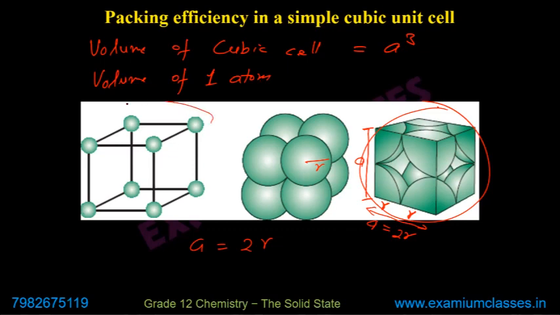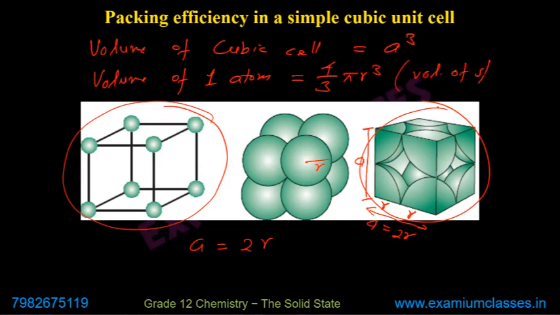Because effectively, if the atoms are just at corners, the effective contribution is one atom. It will be 4 by 3 pi r cube. You know the volume of a sphere is 4 by 3 pi r cube, where r is the radius of the sphere. And we know the relationship also, a is equal to 2r. So substitute here, 2r whole cube, 2 cube is 8r cube.